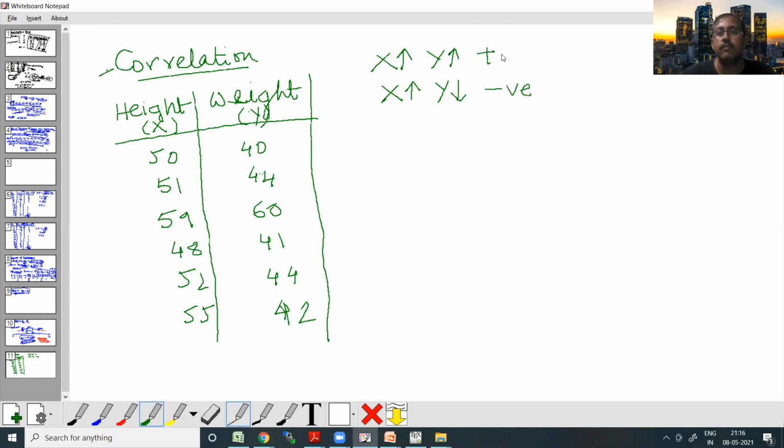But the essence is we always try to see how the increase or decrease in values of one particular attribute leads to the increase or decrease of values of the other attribute. That is what we try to see in essence.